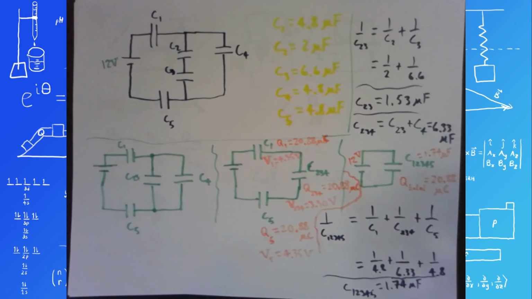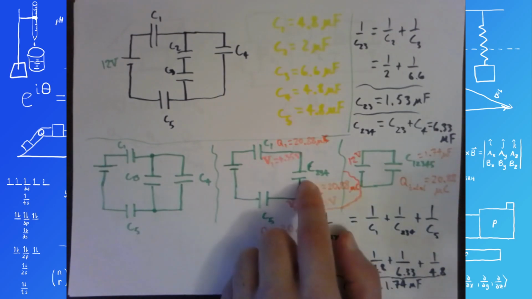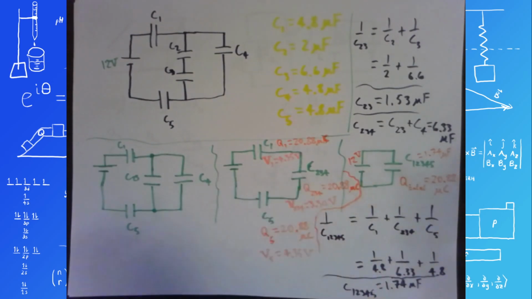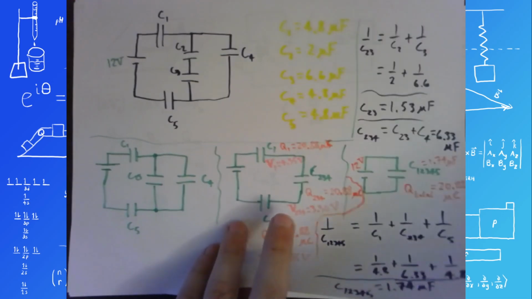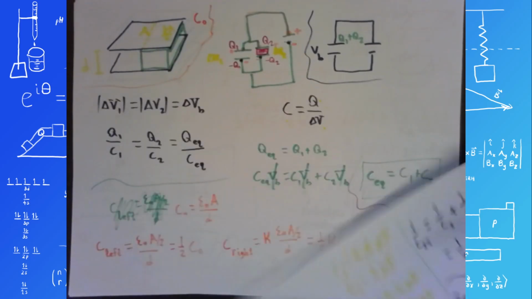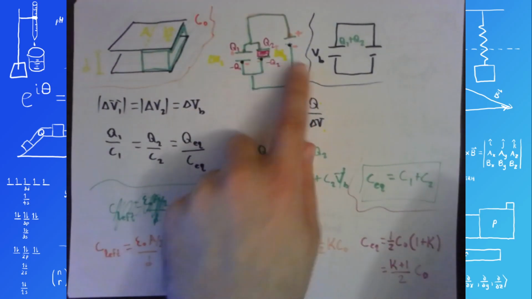All right. Now we can unpack C234. We said when deriving the equation for capacitors in parallel that the voltage across them must be the same.